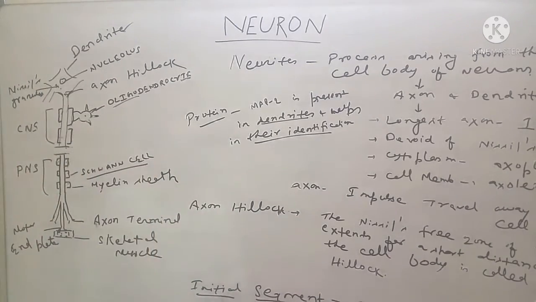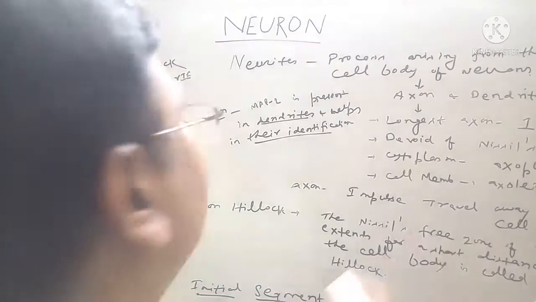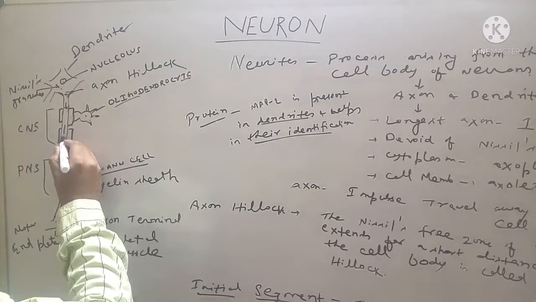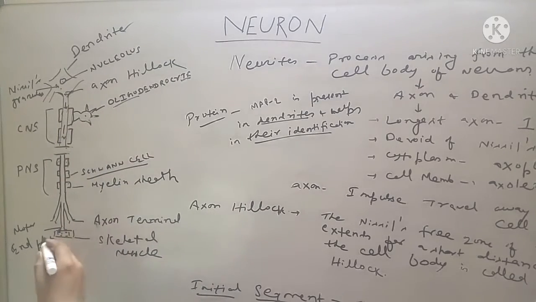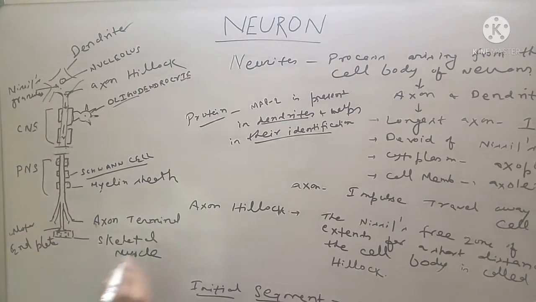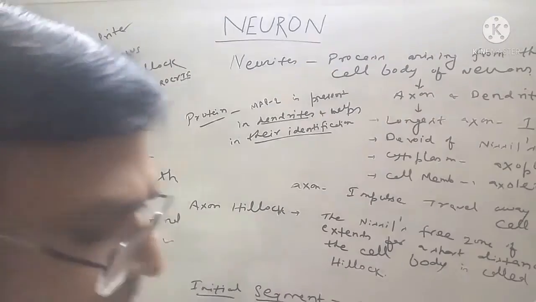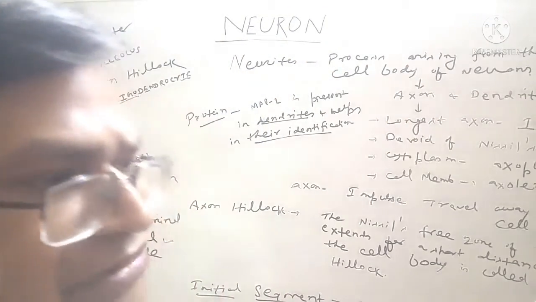The nerve impulse travels away from the cell body. From here, along the axon, the nerve impulse travels to the motor end plate, and from the motor end plate the nerve impulse goes towards the skeletal muscles, and the skeletal muscles contract.